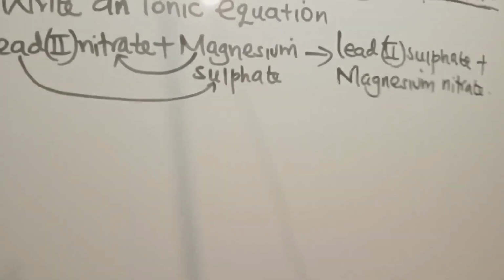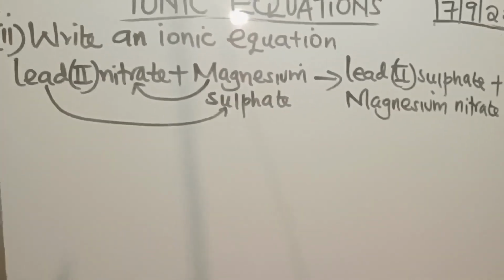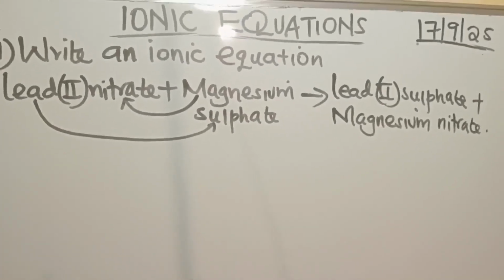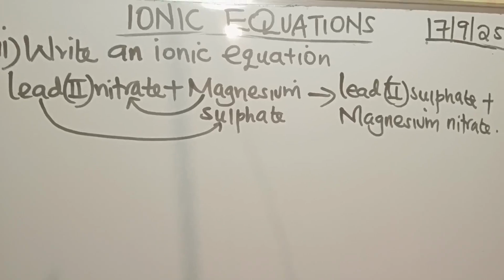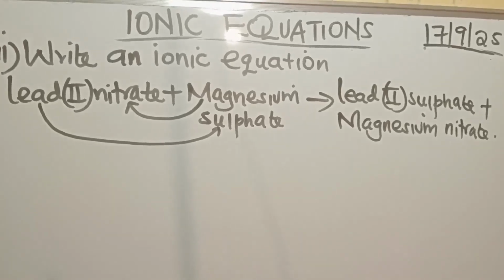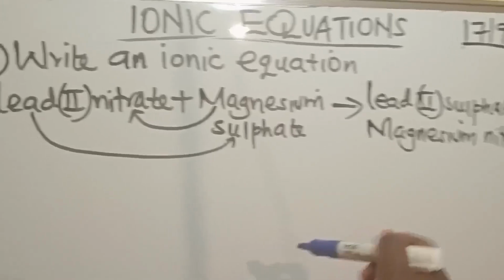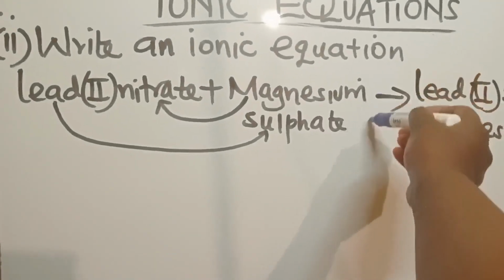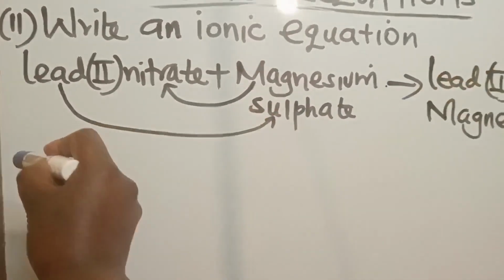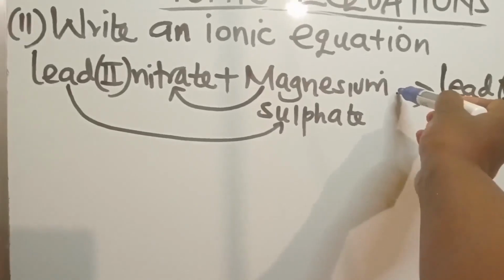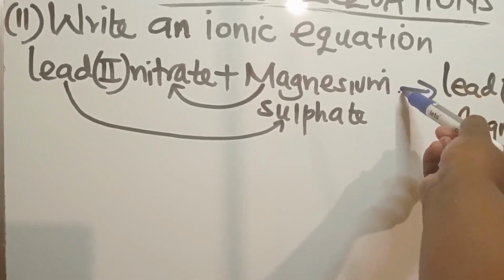Let me remind you of something that we said some time ago, that when you are arranging the equation in your book or in future on the KCSE paper, you need to make sure that all the reactants are from this part to the left, where we have the tail of the arrow.